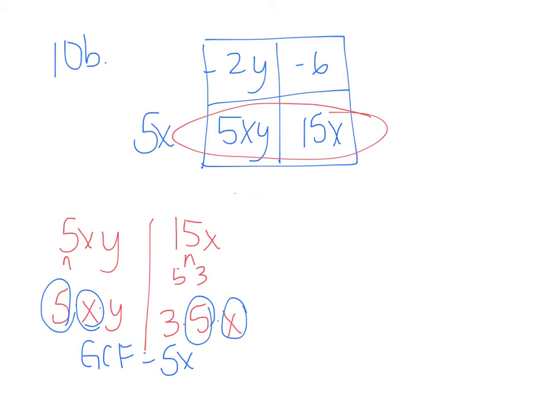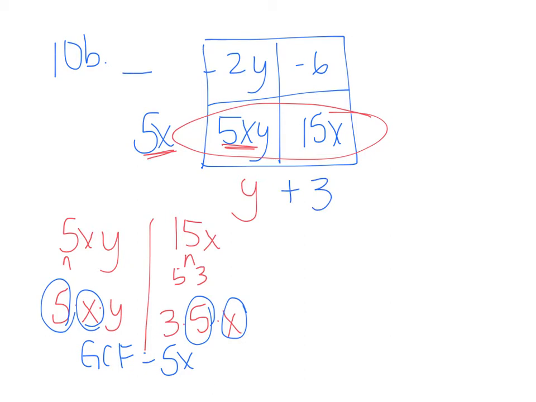From here, I'm looking to see what can I multiply with 5x to get 5xy. Well, since I already have 5x on the side, it's just going to be a y. And then I can look here, what times 5x gives me 15x? Well, that's going to be a positive 3.